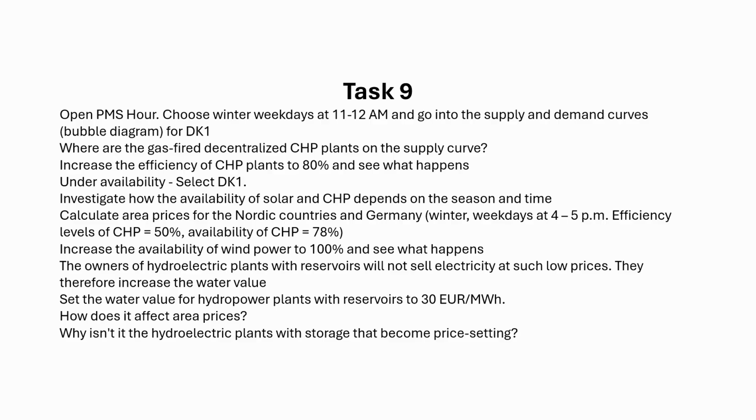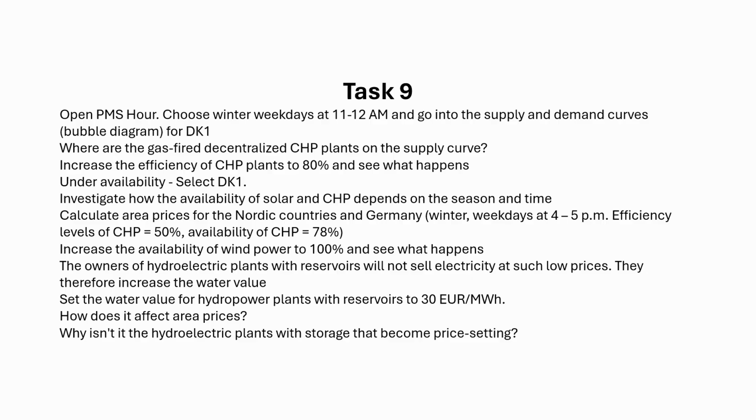It should be a winter weekday from 4 to 5 p.m. The efficiency levels of CSP plants should again be 50%, and the availability of CSP should be 87%. Then you should increase the availability of wind power to 100% and see what happens.